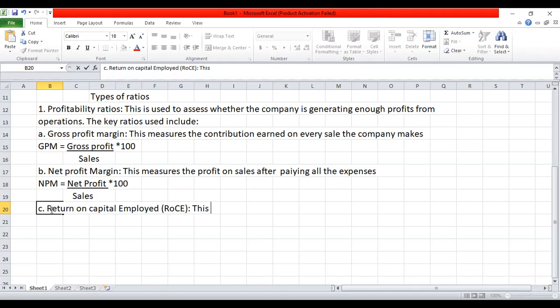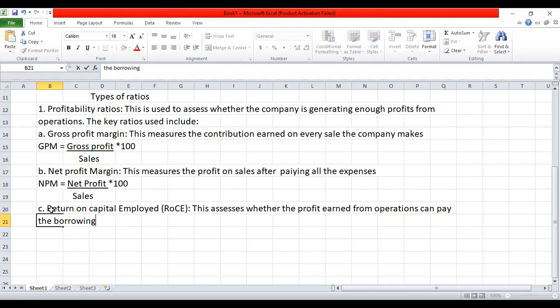So this assesses whether the profit earned from operations can pay the borrowing costs.